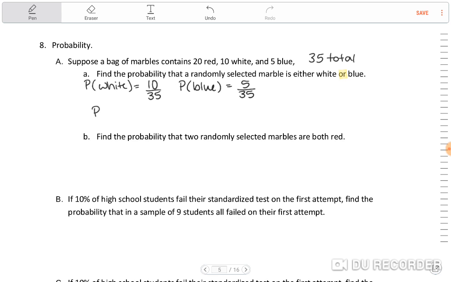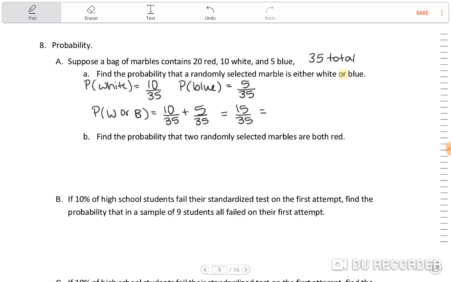So the probability of white or blue is equal to 10 over 35 plus 5 over 35, which equals 15 out of 35. And of course we want to reduce that.